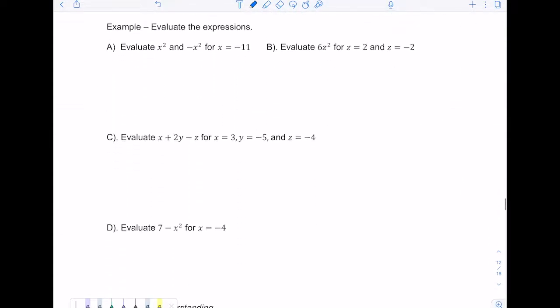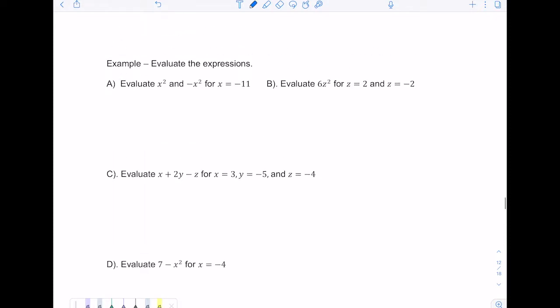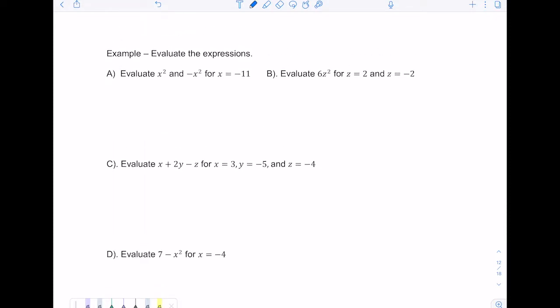What we're going to do now is evaluate, which remember is just replace the variable with the given numbers and then simplify. So in letter A, I'm going to evaluate two different expressions. First, I'm going to evaluate x squared when x is -11.